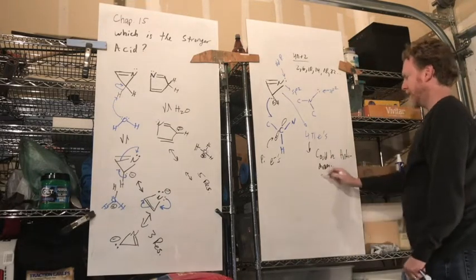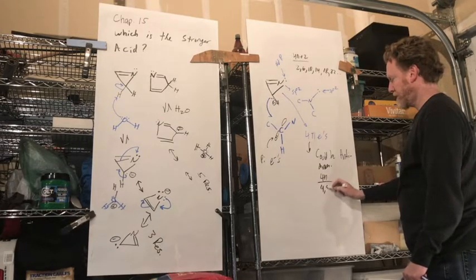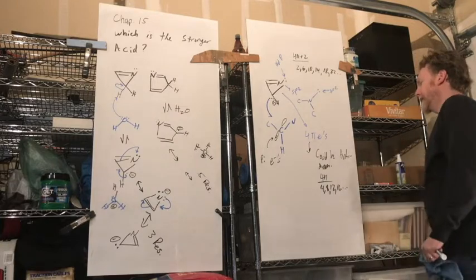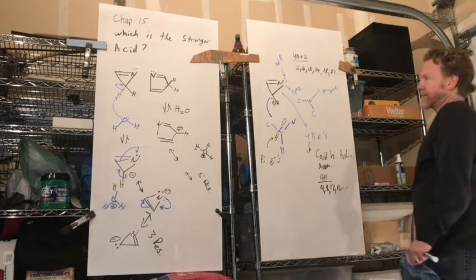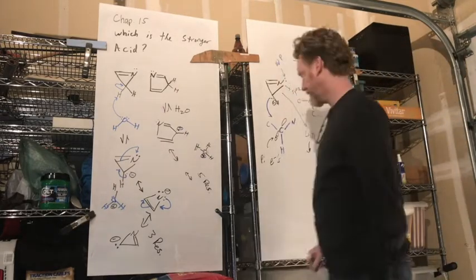So that's not good, because it has the 4n pi electrons, where n equals 1, 2, 3, 4. Not looking good. So this is going to be a very high energy base. It's not going to be very stable. Its conjugate acid is going to be very weak.